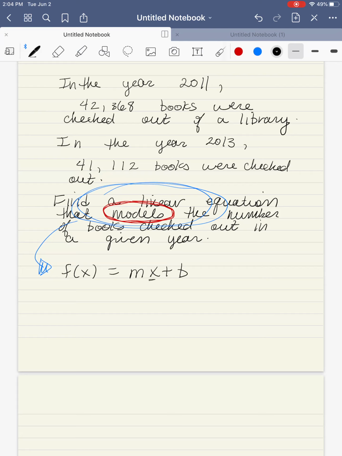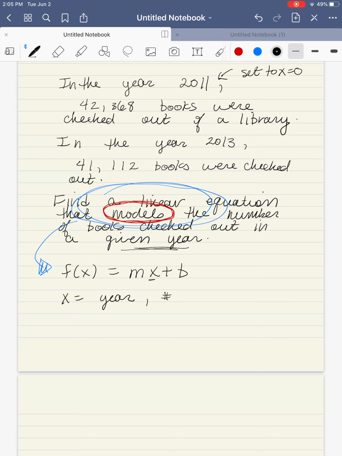My x is my input, my independent variable. That's going to be my year. So x is going to be the year. And when you're using years, it's very, very common to set the first year that you're using to 0.